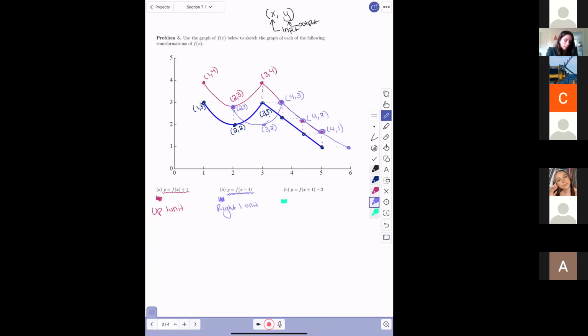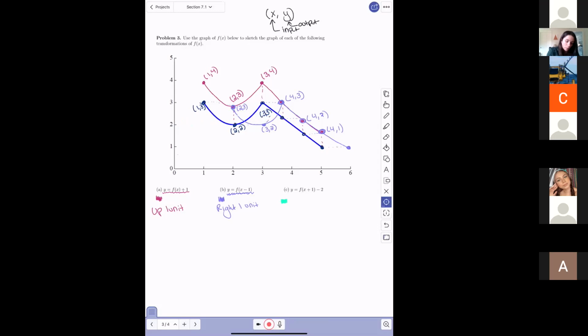But the point is that for each point, we went from the point 1, 3 to the point 2, 3. We went from the point 2, 2 to 3, 2. We went from 3, 3 to 4, 3.